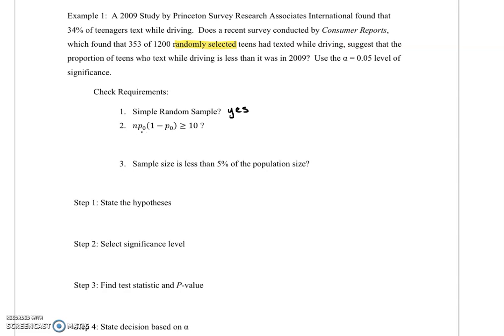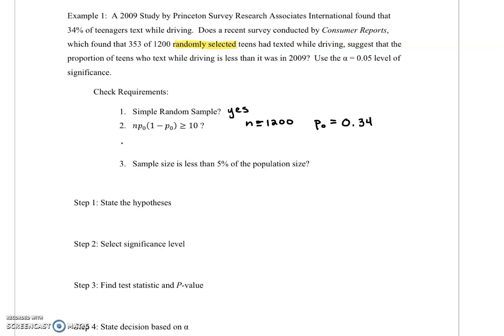Then we have to check the requirement that the sample size times the hypothesized proportion times 1 minus the hypothesized proportion is greater than or equal to 10. So we know that our sample is 1,200 people, so n is 1,200. Our hypothesized proportion is from the Princeton survey, the 2009 survey, and it's 34%, which is 0.34.